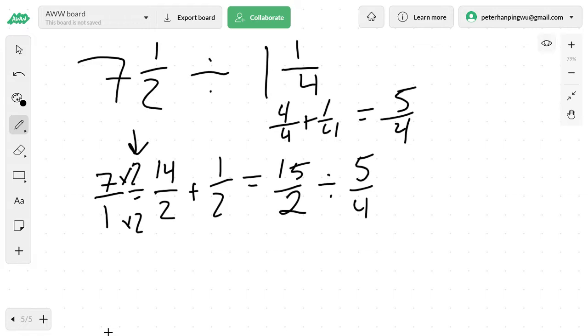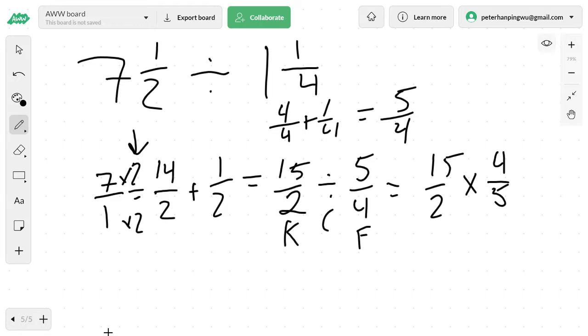This is a lot easier to deal with, so we can just KCF it. Keep, change, flip. So we're going to keep our 15 halves, change our division to multiplication, and flip our second fraction to 4/5 instead of 5/4.